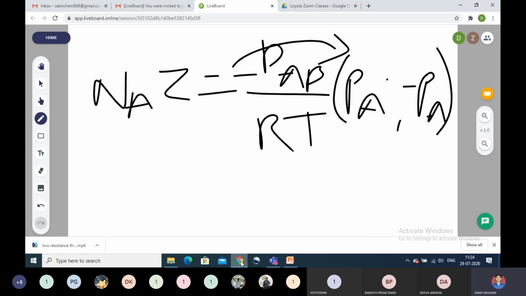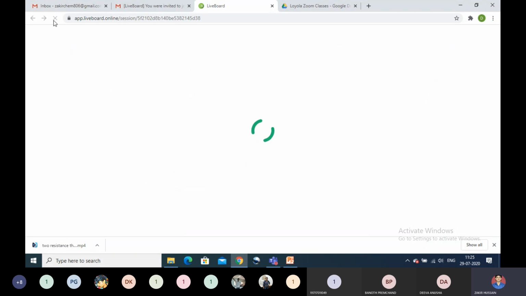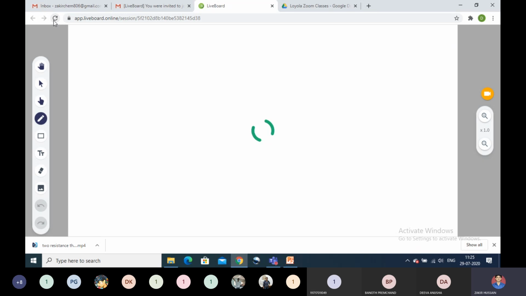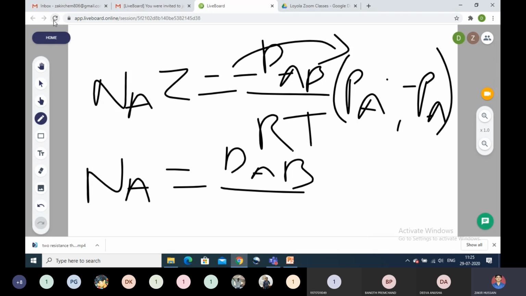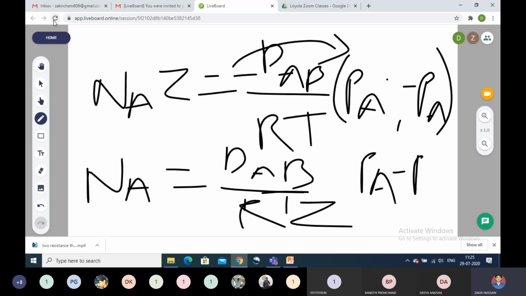In place of the minus, we interchange the limits, so NA is equal to DAB by RTZ times (PA minus PAI).